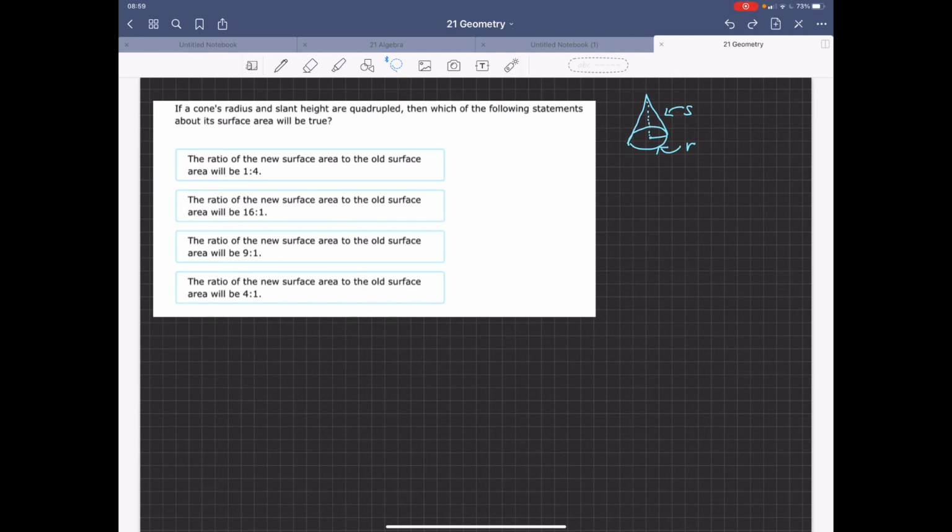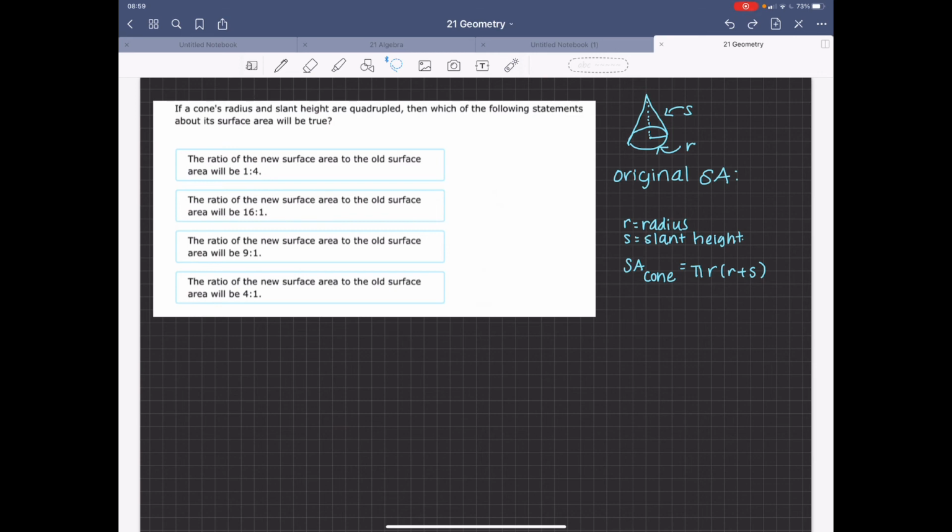So R is the radius and S equals slant height. So for the formula of a surface area, you're going to add the slant height and the radius and then multiply by pi times R. Again, surface area of a cone is pi R times (R plus S).